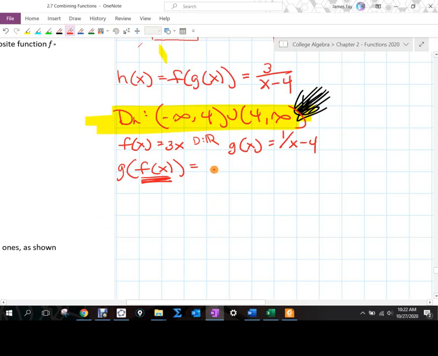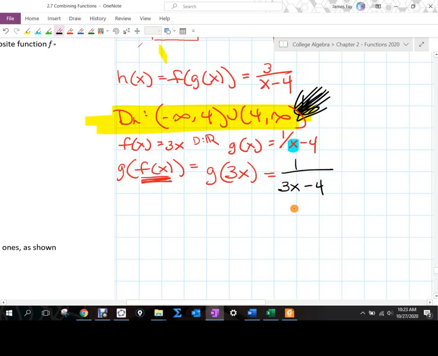So g of f of x is now 3x, and now I'm going to go to g, and wherever I see x in g, I replace it with what? 3x, right? So now it becomes 3x minus 4 on the bottom.